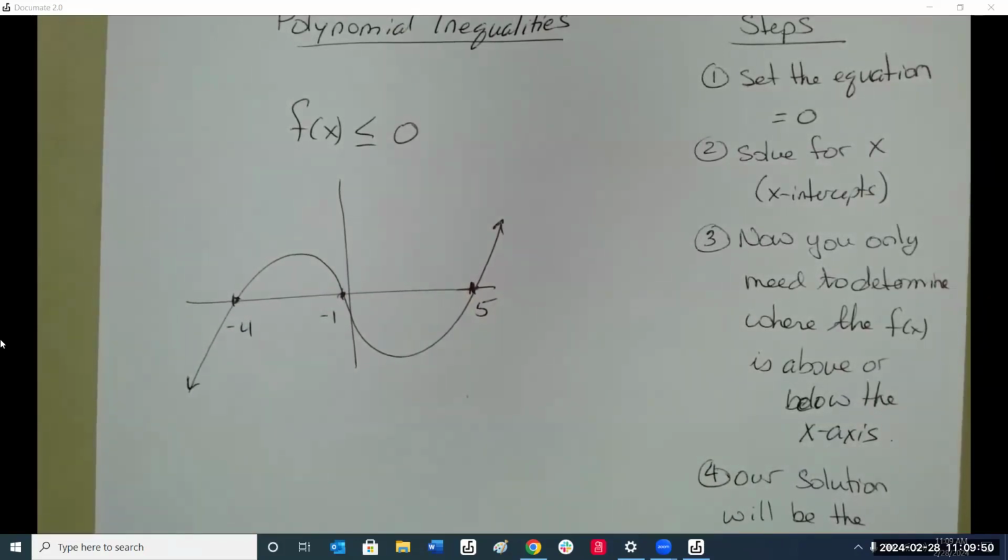Remember, we only want, what part of the graph are we looking at only? What's that?